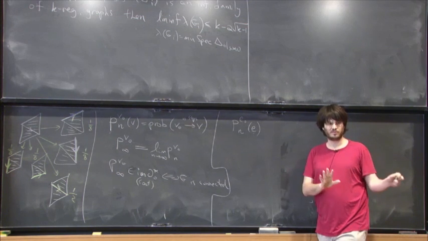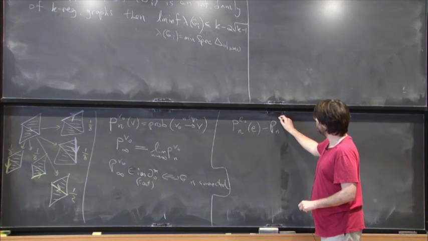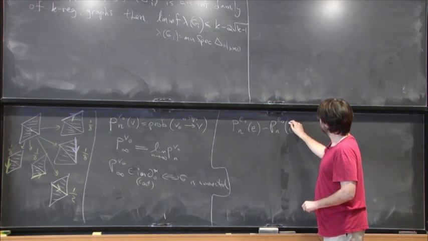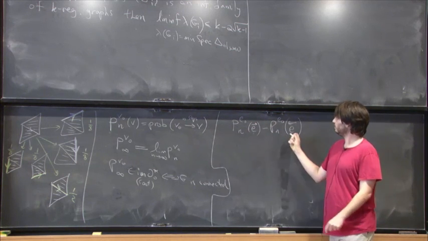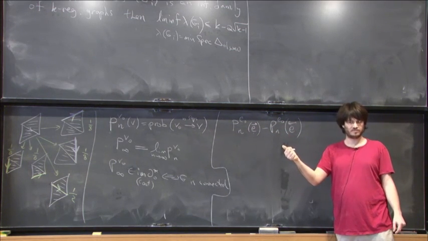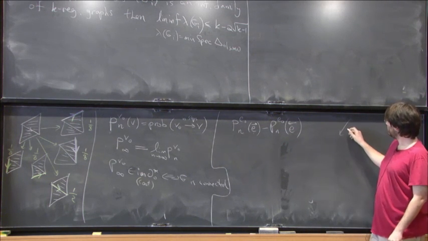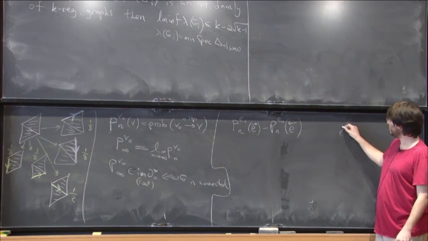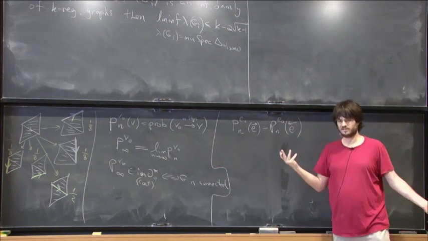I know how to work with forms, with flows. So I'm going to make this a flow by anti-symmetrizing. I'm going to subtract the probability of getting to the same edge, but in the opposite direction. So now this is a flow, right? If I have some value here, then the value in the opposite direction will just flip this. I'll get the minus.